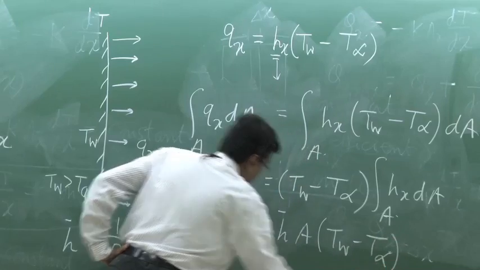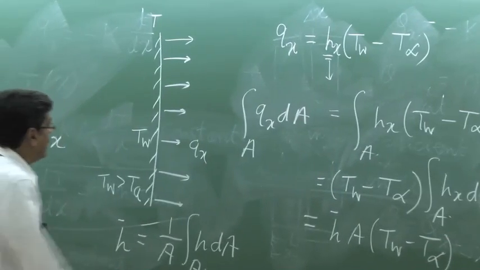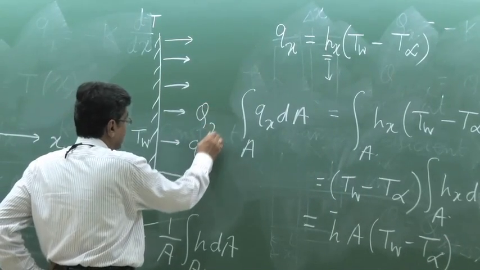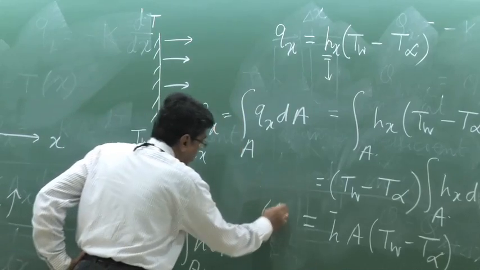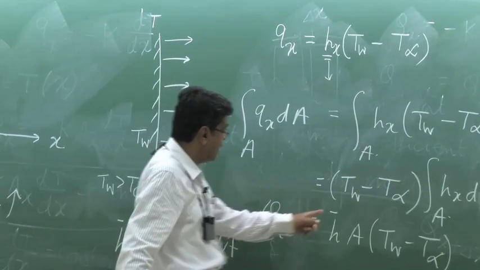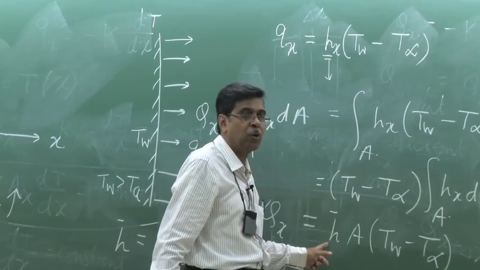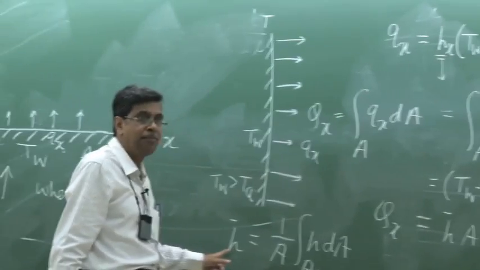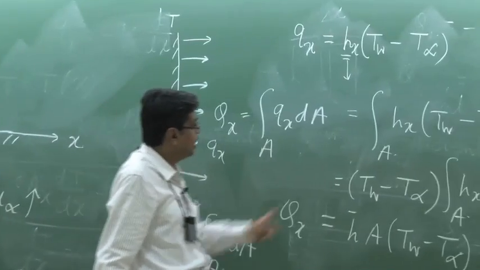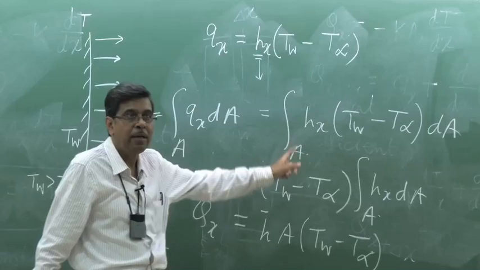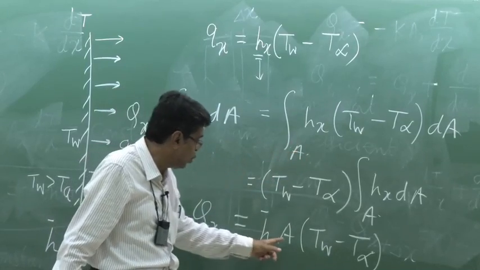That means we can find out the total heat transfer Q over an area A as the average heat transfer coefficient over that area, which is defined like this, integrated over that area, into the area.